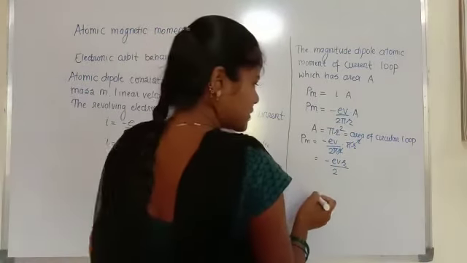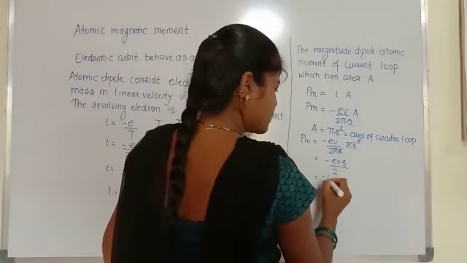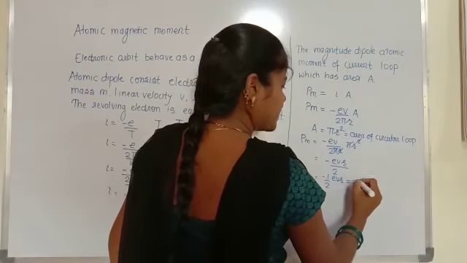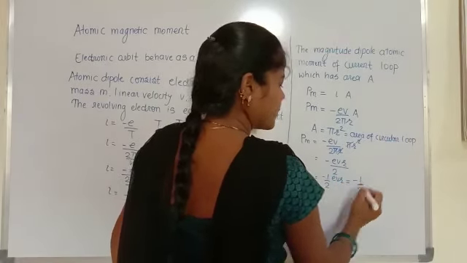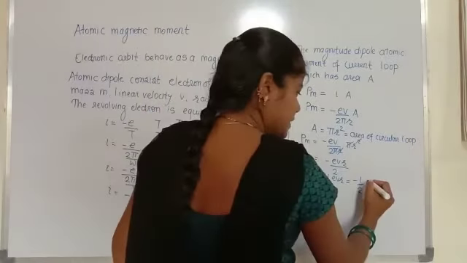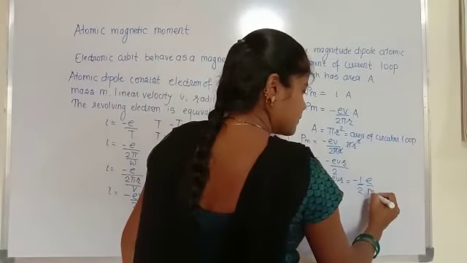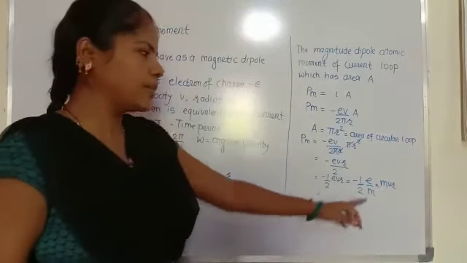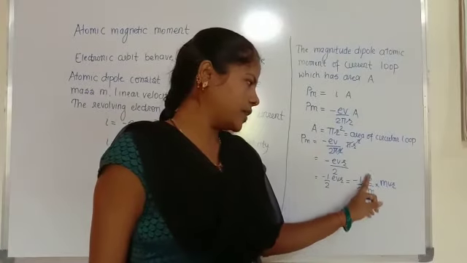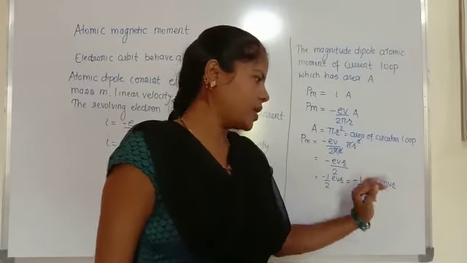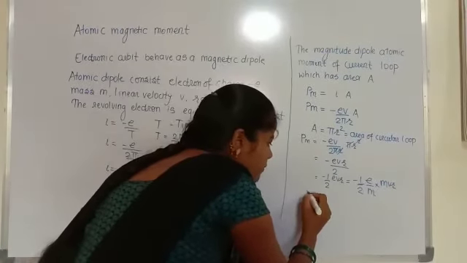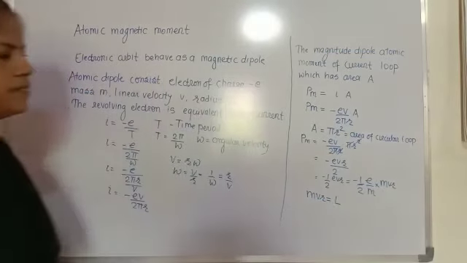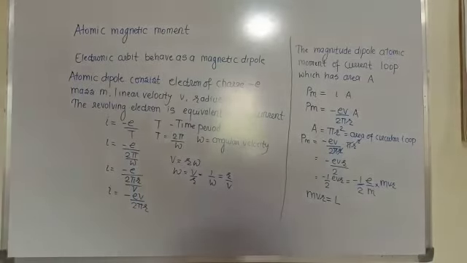If we adjust this term, that is equal to minus 1 by 2 evr, and we write minus 1 by 2, and multiplying and dividing by m, we get e by m into mvr. So in terms of mvr, we write here capital L.